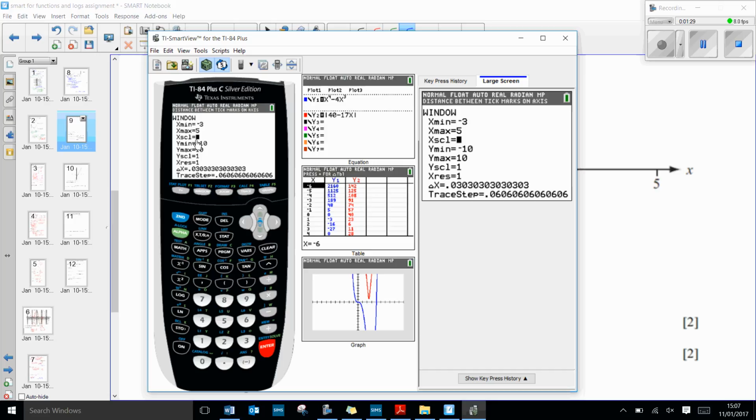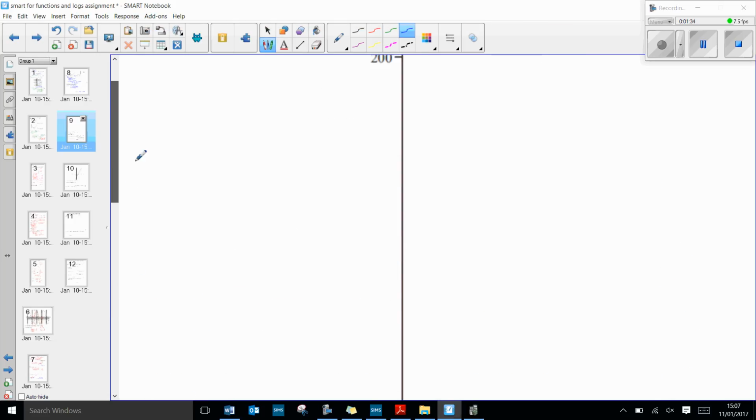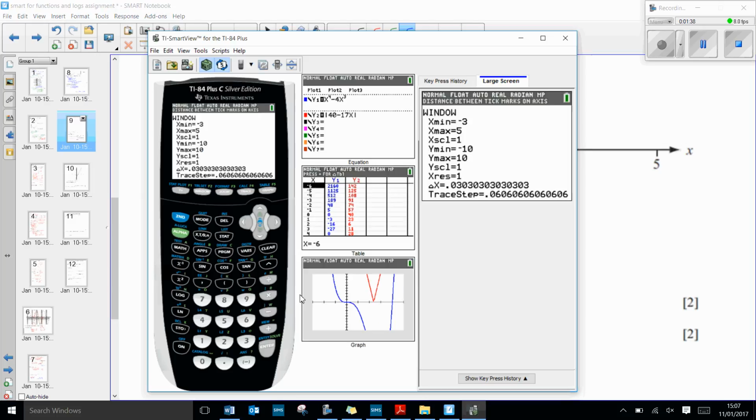And my y-axis goes from -30 to 200, and I'm going to go up in, let's say, tens. Let's graph that.